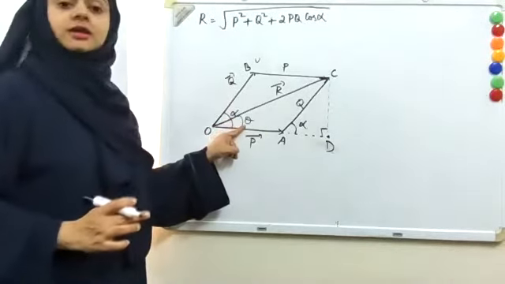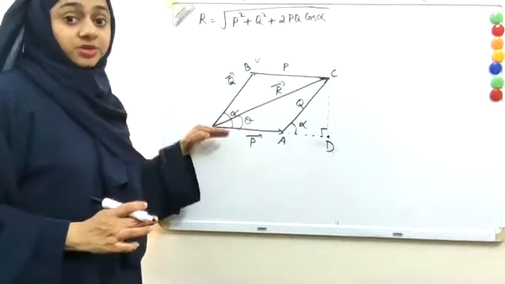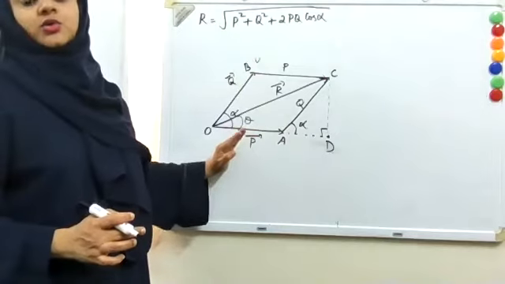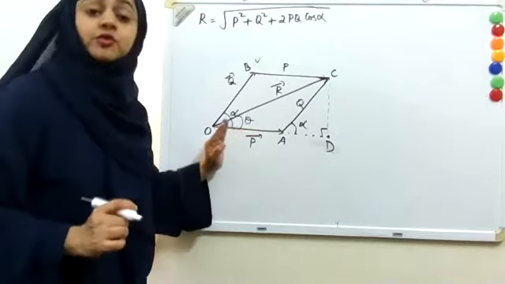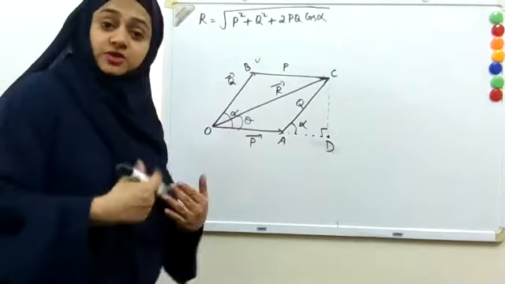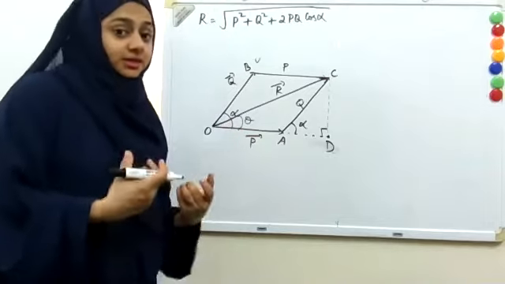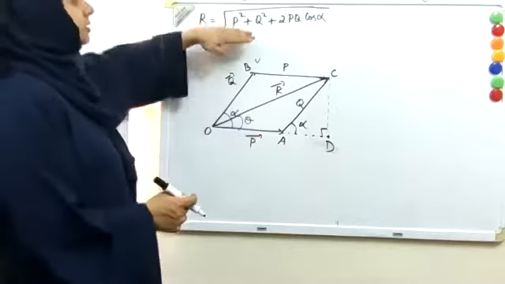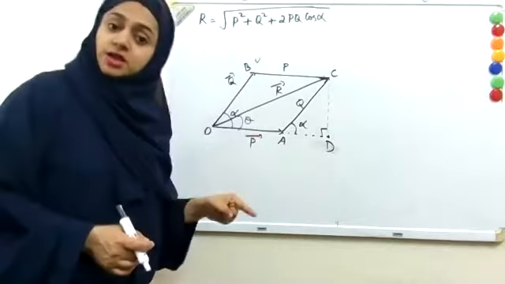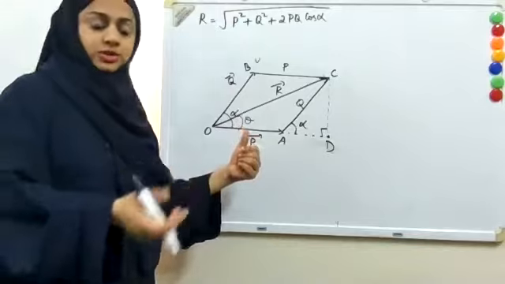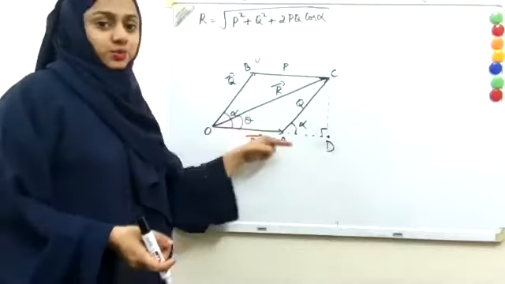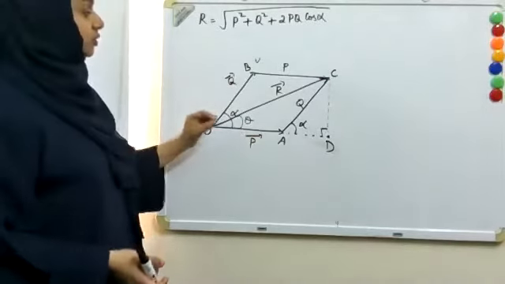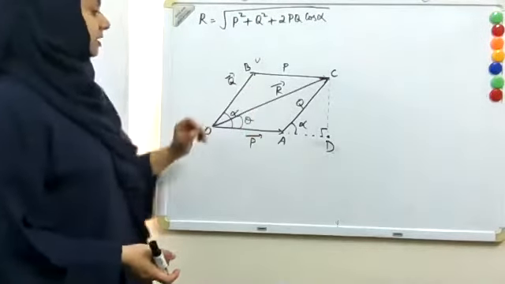So suppose this angle is theta. The angle between the first vector and the resultant is theta. Now we are going to find an expression for tan theta. Then if we take the tan inverse of that, you will get theta. Then you can tell that the resultant has this magnitude and makes an angle theta, whatever the number is, with the first vector. That is how we usually mention the magnitude and the direction of the resultant.